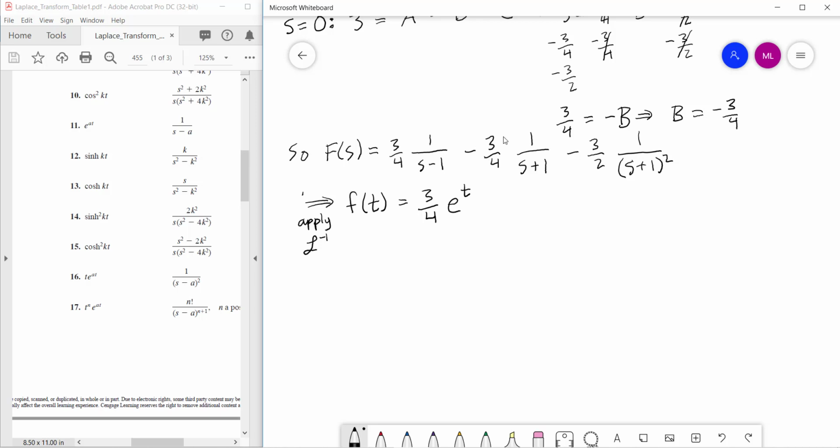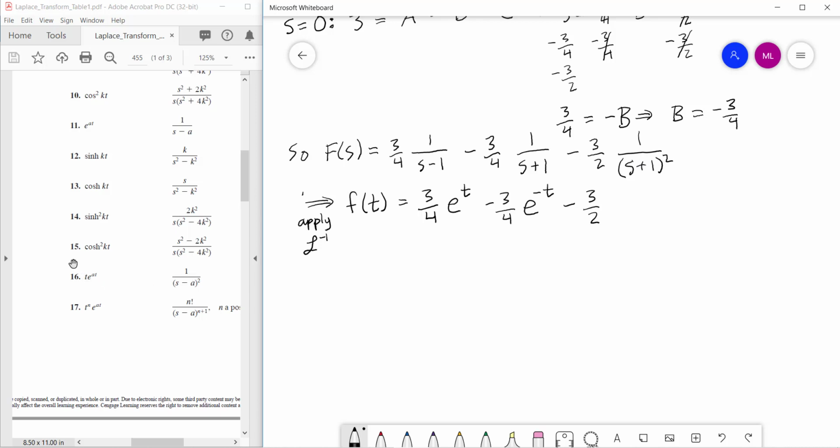Then I have minus 3/4 times the inverse transform of this piece, which looks exactly like this, letting the value of a be -1, so e to the negative t. And then lastly, we've got this minus 3/2, 1 over s plus 1 squared. That looks like this term right here, where again, a is equal to -1.